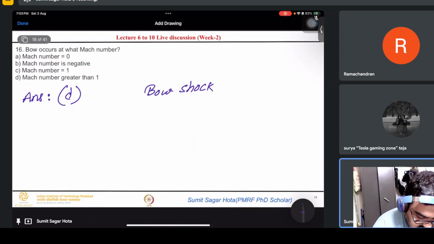More particularly, we can't tell, it obviously depends on the Mach number at which it operates. We can say an oblique shock is a shock inclined with respect to the incoming air. But I don't know, I will check the bow shock and all this.